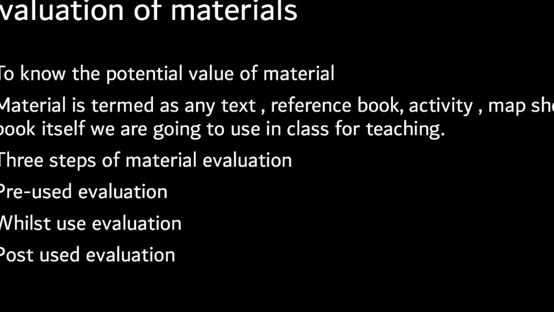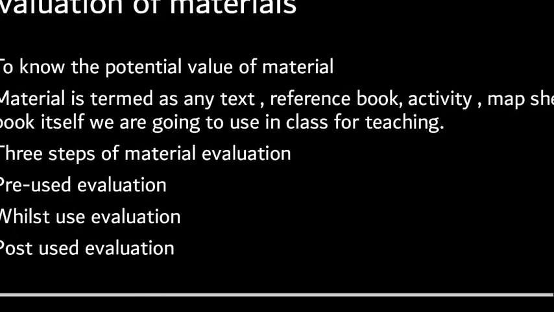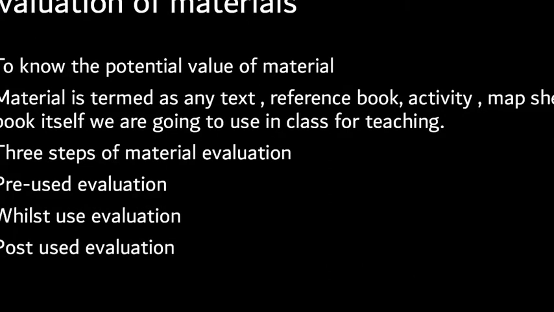So after understanding the potential value of material, there are three different stages for it. The first is pre-use evaluation, the second one is whilst-use evaluation, and the third is post-use evaluation.